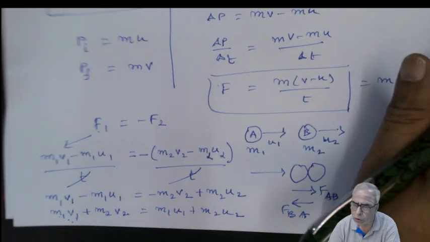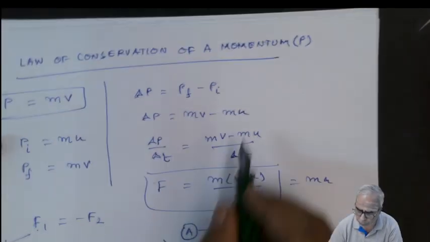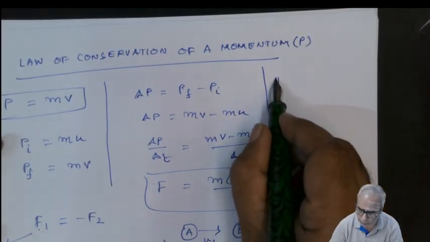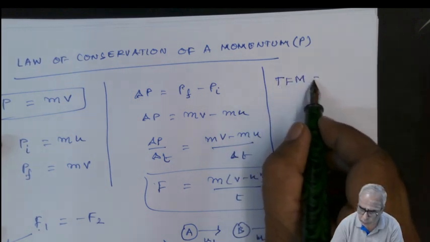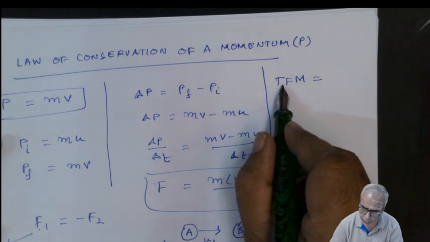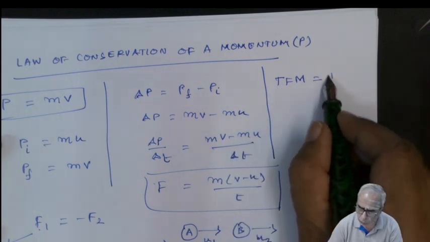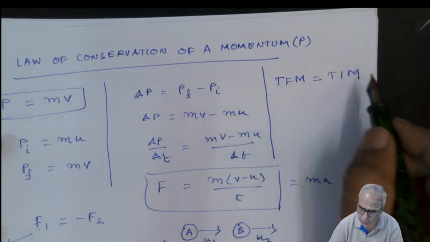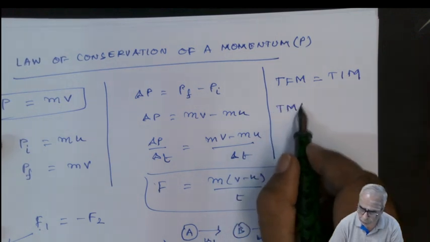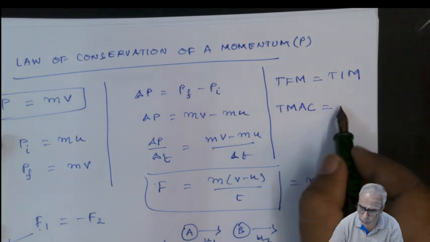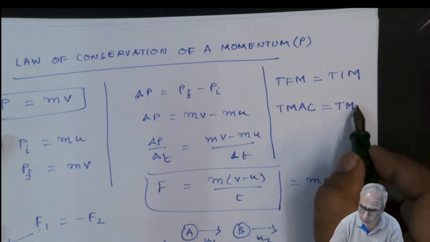So from this, one point is clear. That is, total final momentum is equal to total initial momentum. It means the total momentum after collision is equal to the total momentum before collision.